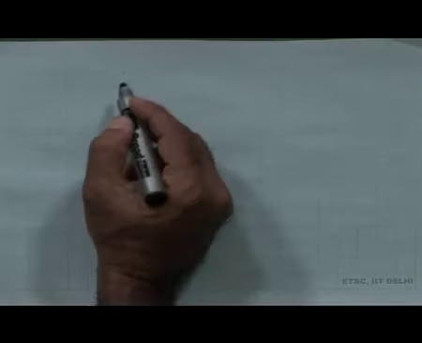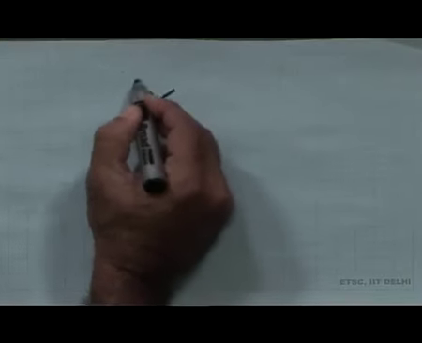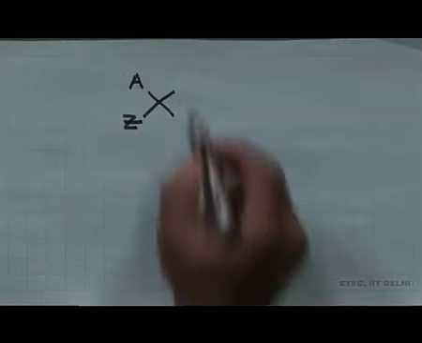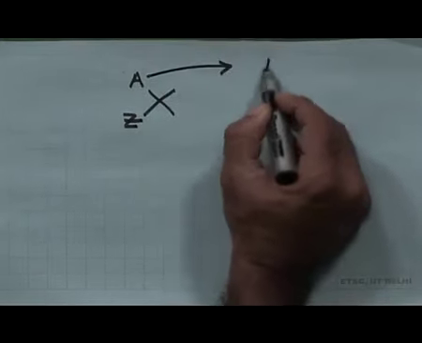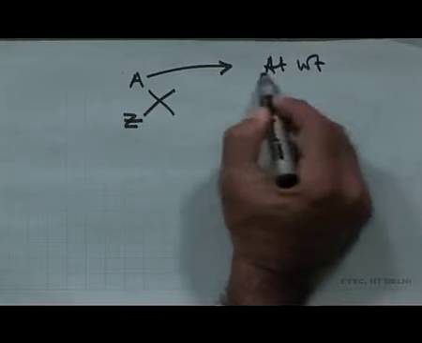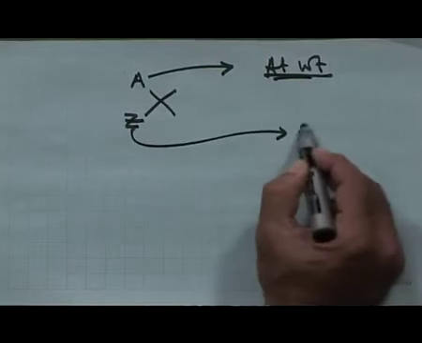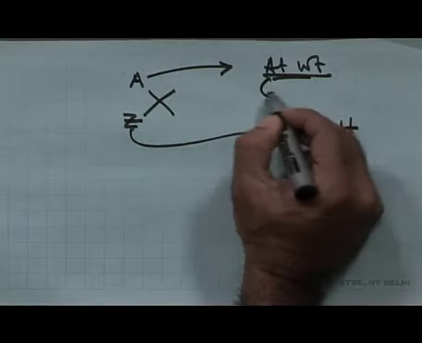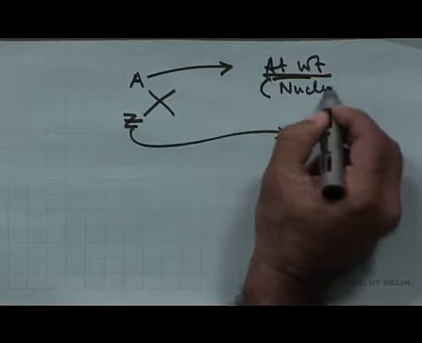So what do you do? You start with a nucleus, as I told you, X, A, Z. Don't forget that this is my so-called atomic weight. This is my atomic number. In fact, a better notation for atomic weight is nucleon number.